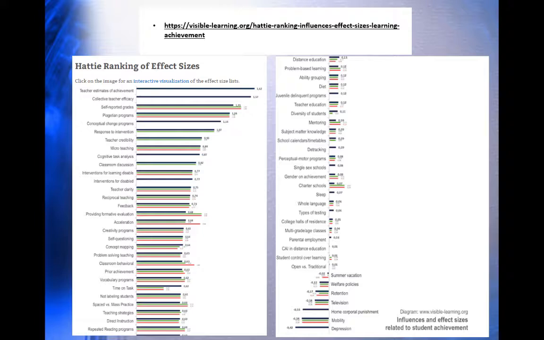Then self-reported grades: if you ask students how well they do, and then you look up the records, they tend to be reasonably correlated. Although the teachers actually have a better idea than the students do, or that may not be true. It may just be that you're asking them to self-report, and they may not be telling you candidly what their grades are.